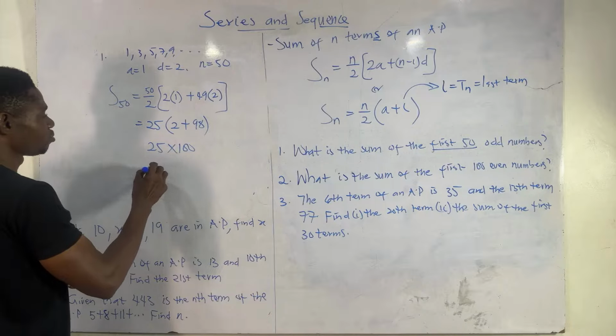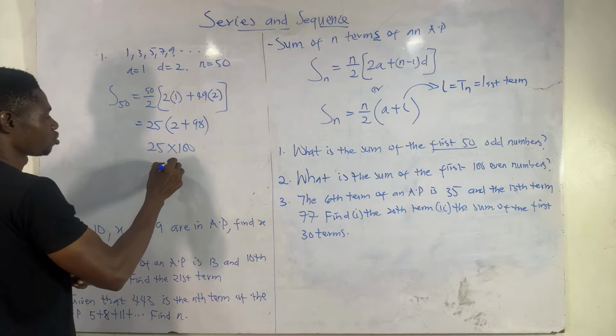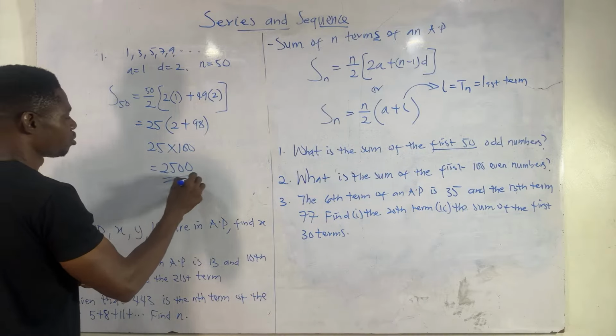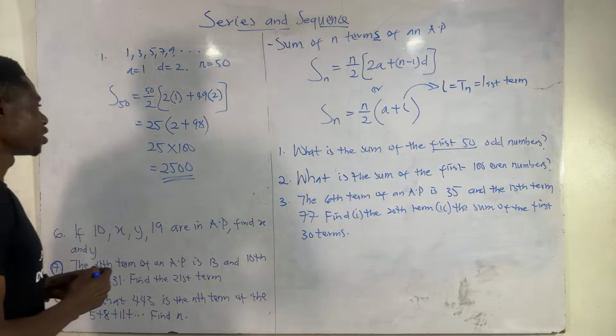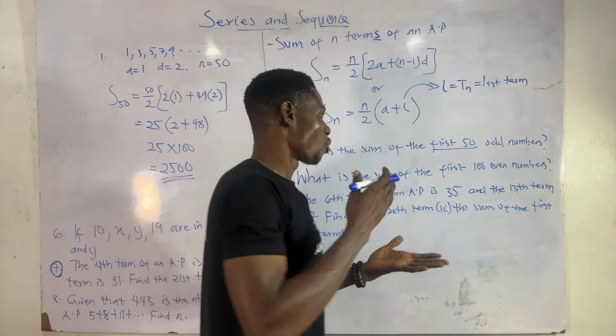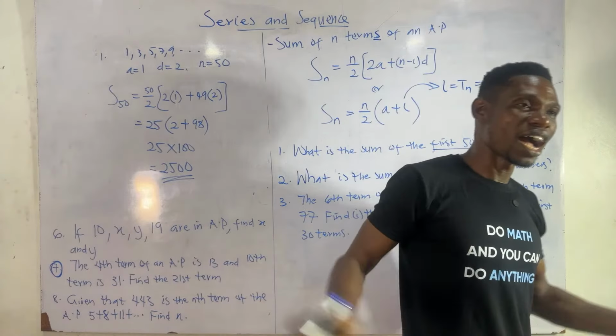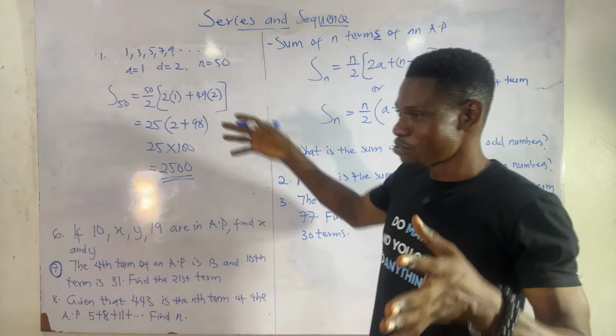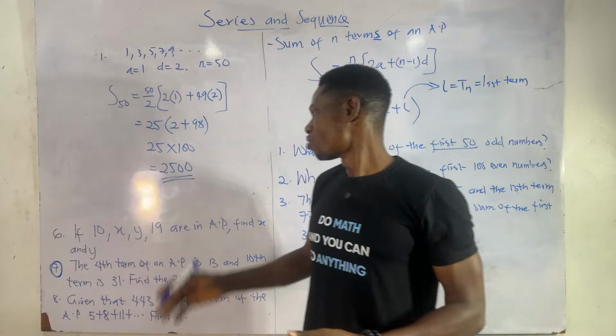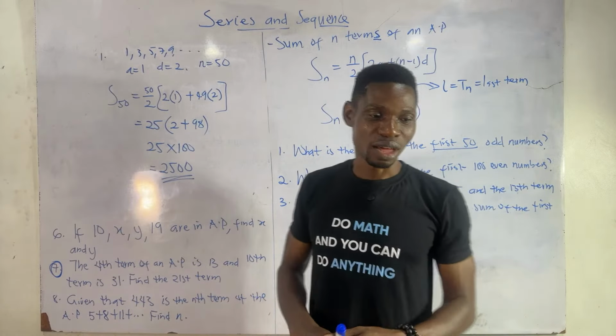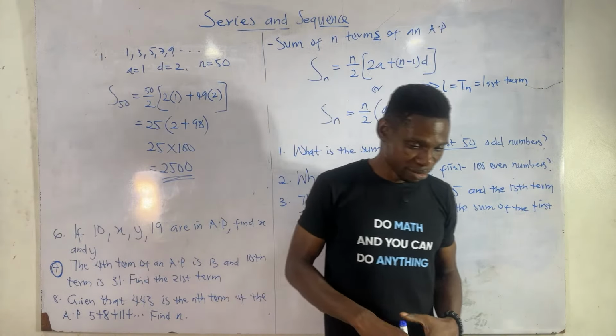So we have 2500, so 2500 is the sum. So if you add 1 plus 3 plus 5 plus 7, all the way to the 50th number, the sum will give us 2500.